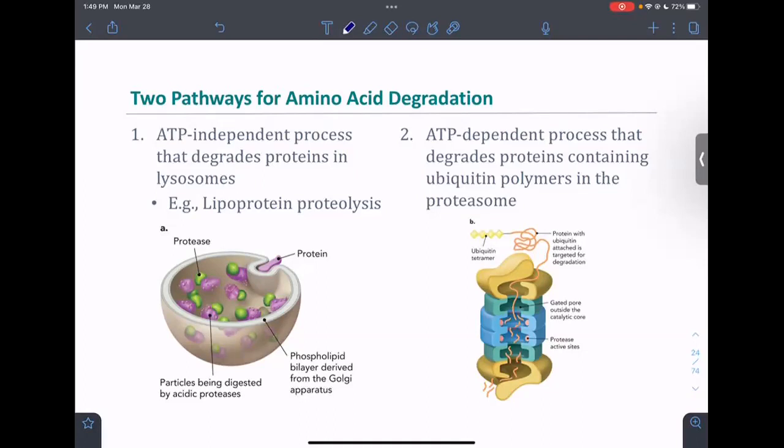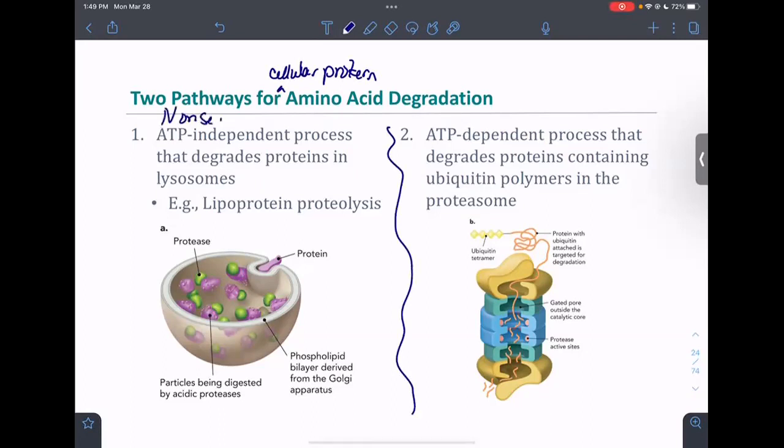So there are two pathways for, we'll say, cellular protein amino acid degradation, right? One is ATP independent and one is ATP dependent. The ATP independent process is non-selective. The ATP dependent is selective, right?